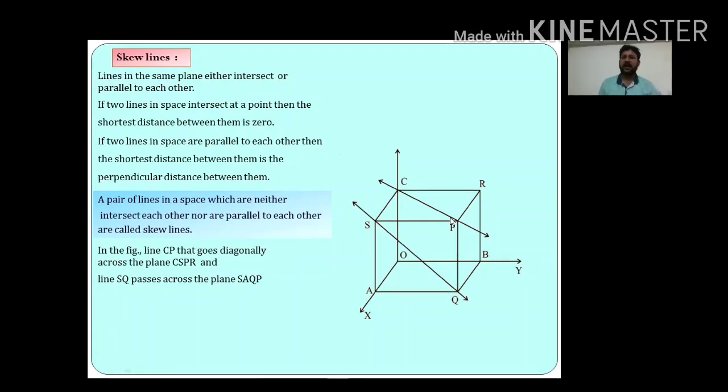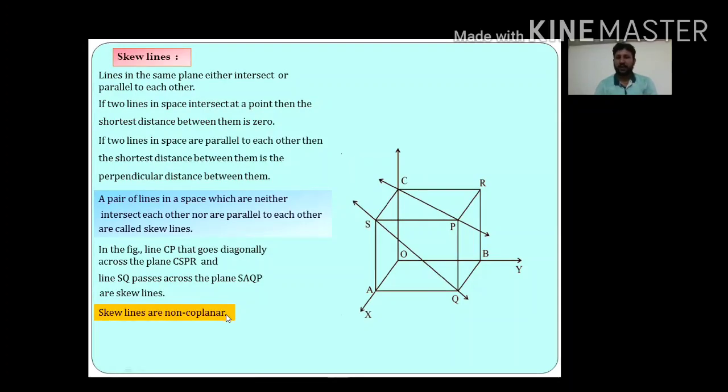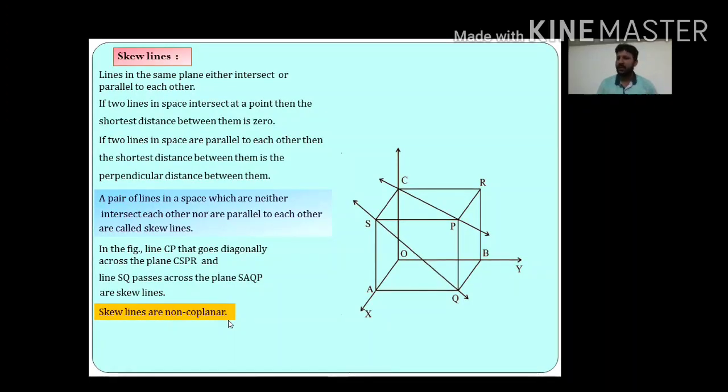These two lines are neither parallel nor intersecting, so such lines are said to be skew lines. Skew lines are non-coplanar; simply, both lines are from different planes. This is the meaning of skew lines.